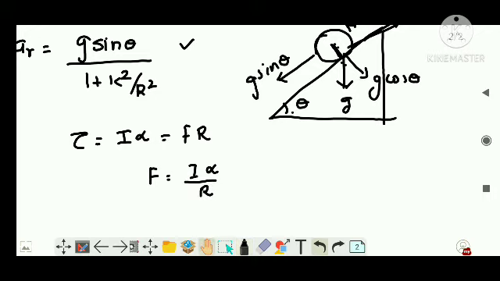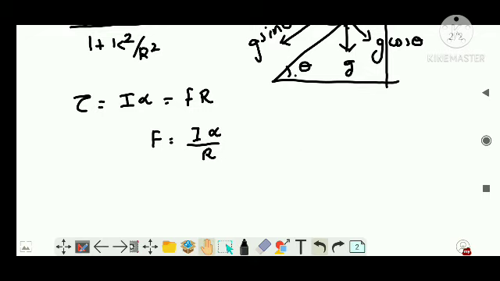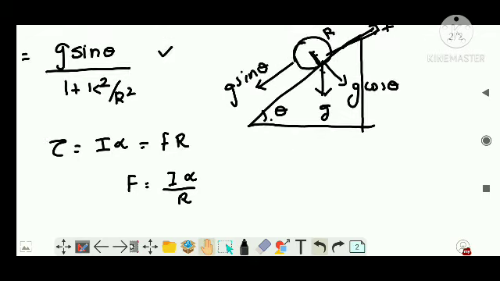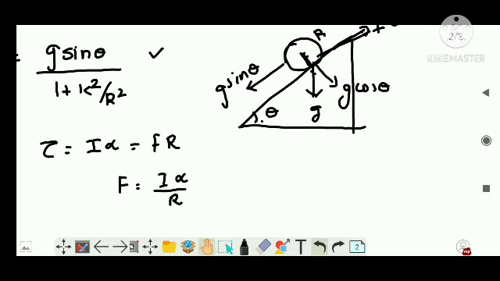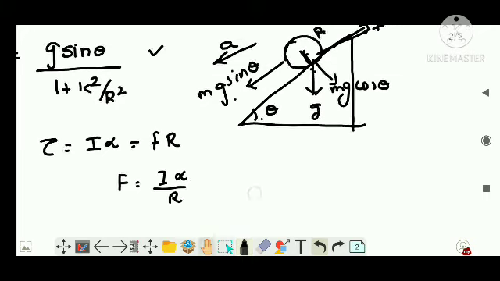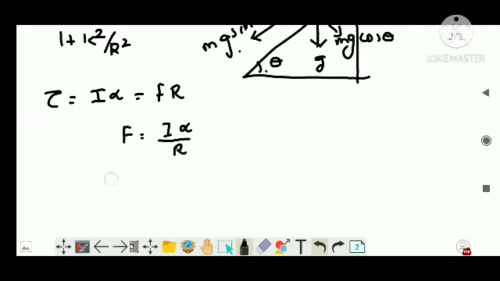Keep that. Now in this scenario, by Newton's second law, we include the mass m here. The object is moving downwards, so the acceleration will be downwards. By Newton's second law, mg sin theta minus the frictional force is equal to ma.